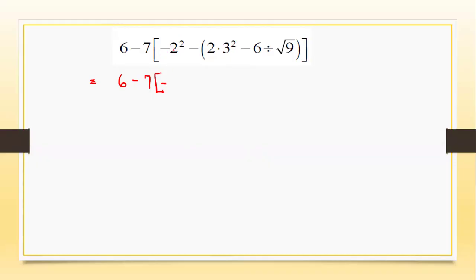Negative. Now, the negative is not being squared, just the 2. So 2 squared is 4. We have our negative, open bracket, 2 times 3 squared, which is 9, subtracting 6, divided by the square root of 9, which is 3.